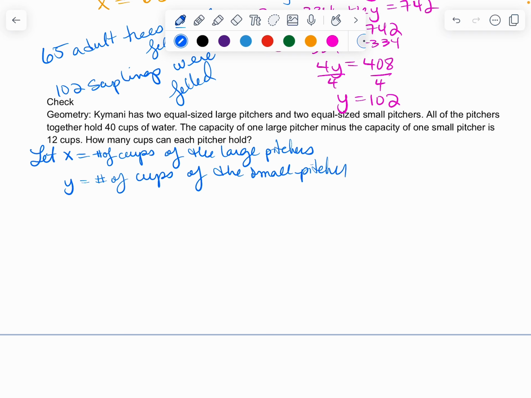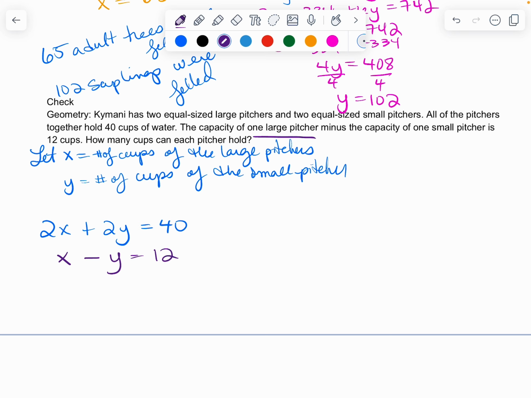Okay, so I have 2 equal-sized large pitchers, 2 equal-sized small pitchers, and they hold a total of 40 cups of water. Then the second one says the capacity of one large pitcher, okay, so one large pitcher is X minus the capacity of one small is 12 cups.